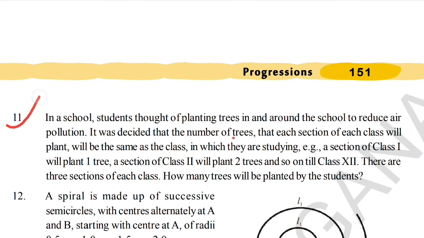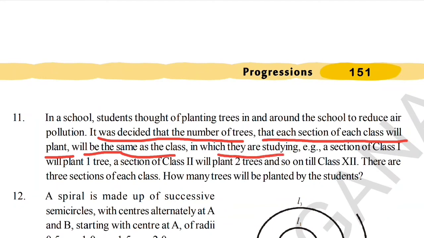Next, 11th question. In a school, students thought of planting trees in and around the school to reduce air pollution. It was decided that the number of trees that each section of each class will plant will be the same as the class in which they are studying.